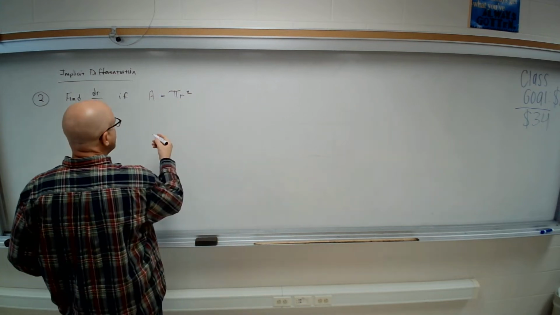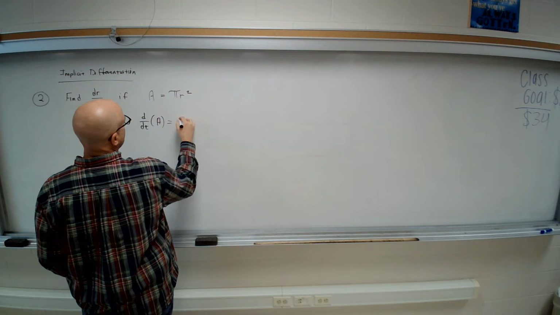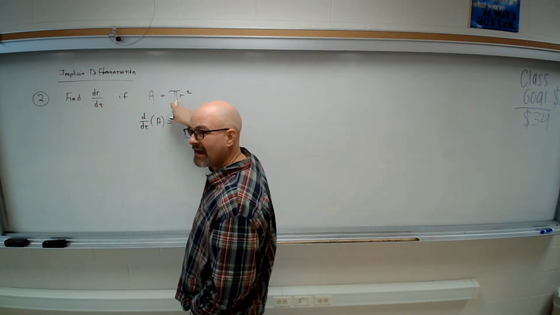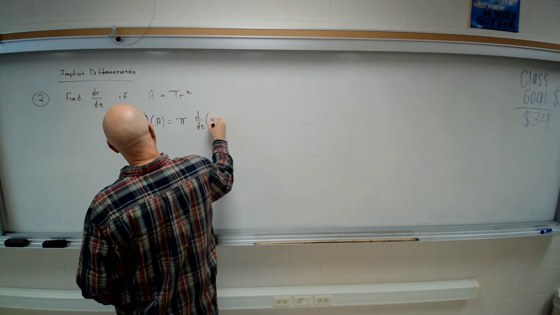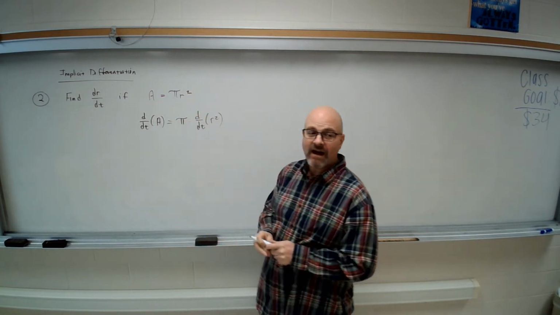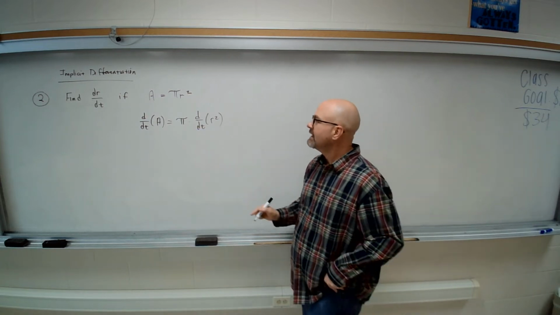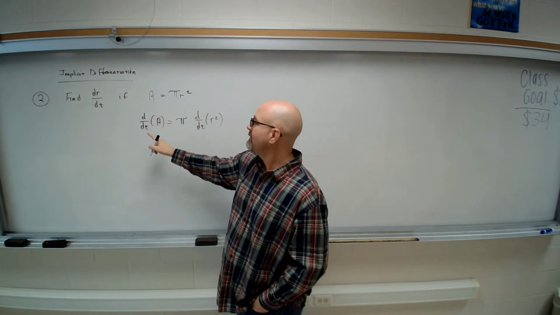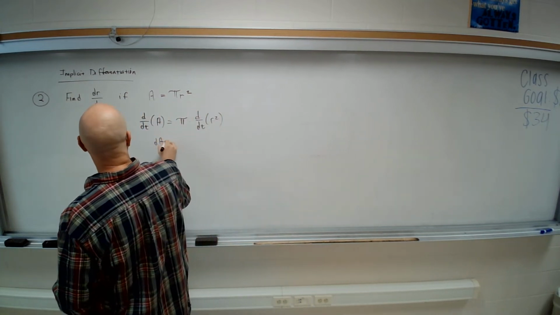So I'm going to take the derivative of both sides with respect to t. Now, would it be nice to pull the pi out? I think so. Okay, so it's just a constant. Again, you got to really hammer that home because it's easy to forget. So over here, the derivative with respect to time of area is just written as dA over dt.